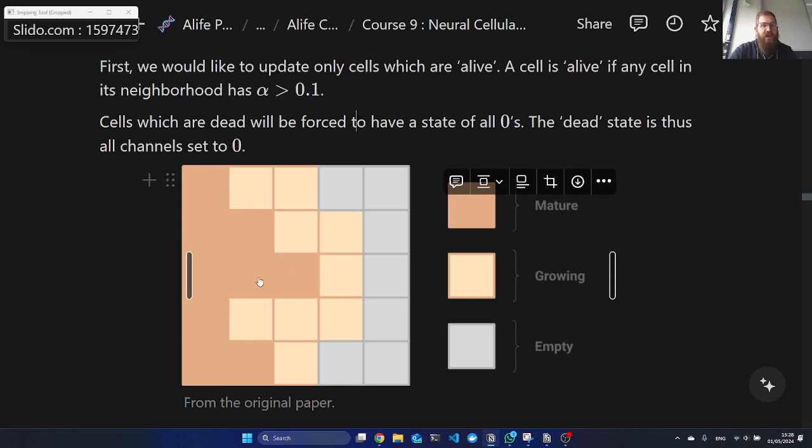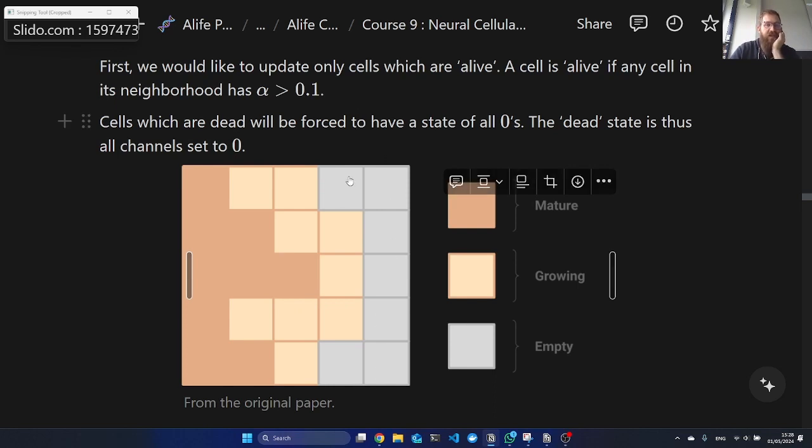The orange cells here are mature, so they have an alpha which is bigger than 0.1. And the cells here, which are light orange, are growing cells. Their alpha is still below 0.1, but they do have a neighbor which is mature. So they are also considered alive, and they're allowed to update their state.